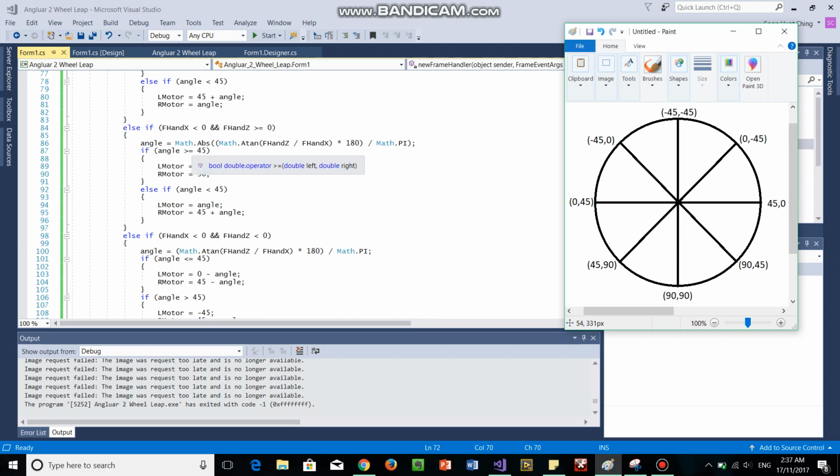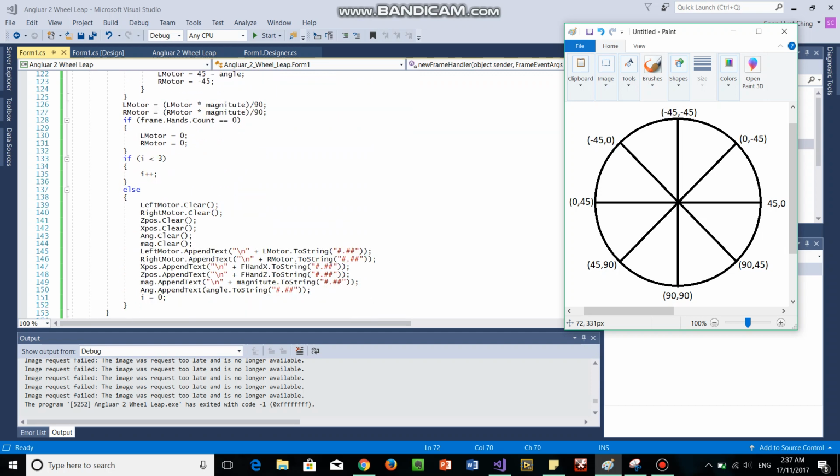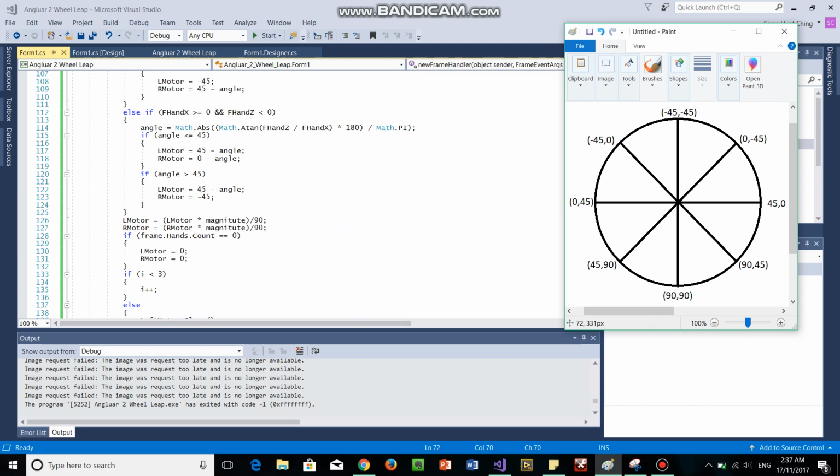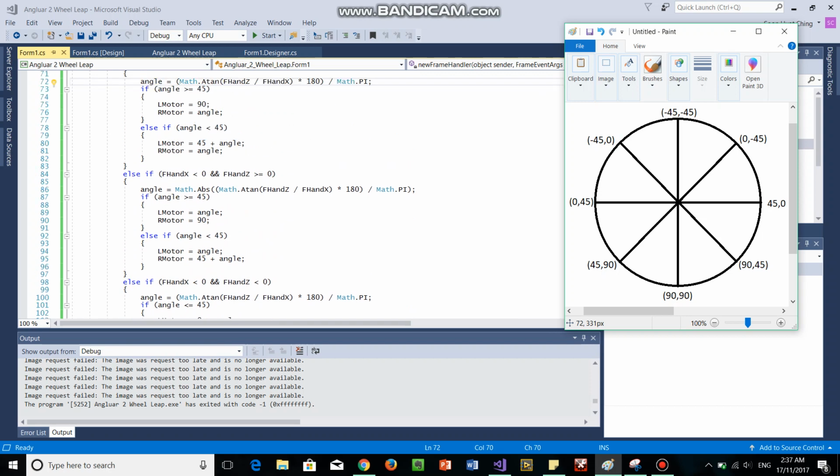And if the angle is more than or equal to 45, which is this segment here, the left motor equals the angle and the right motor equals 90 constantly. So this will be repeated 8 times. Once, twice, thrice, 4 times, 5, 6, 7, 8 times over here. 1, 2, 3, 4, 5, 6, 7, 8, right here.